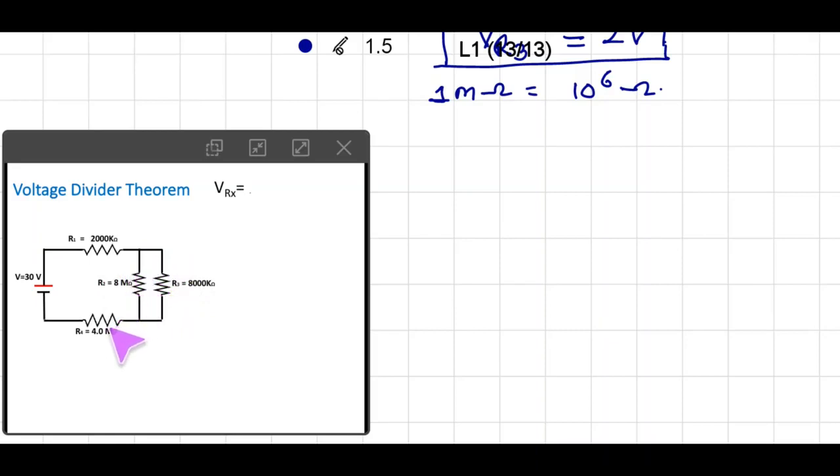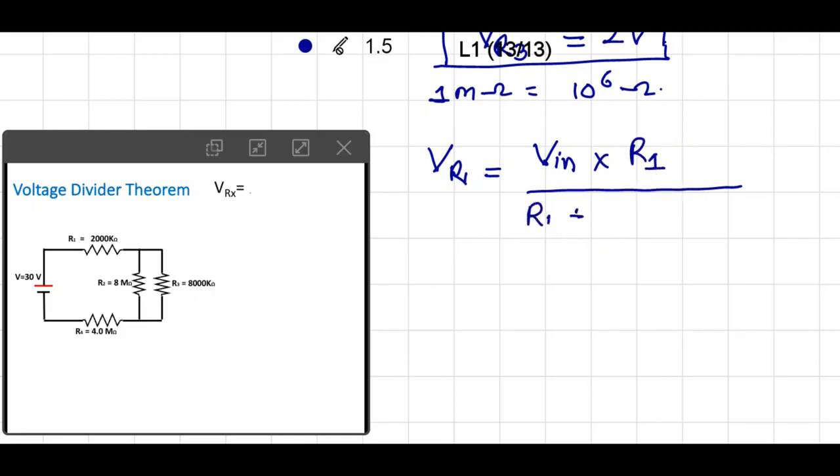So first let us consider the voltage across R1. So the voltage across R1 is equal to, as usual, Vin multiplied by the value of resistance R1, divided by the same resistance R1 plus the series combination of all other resistances.